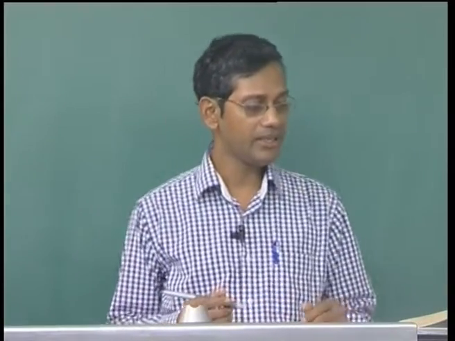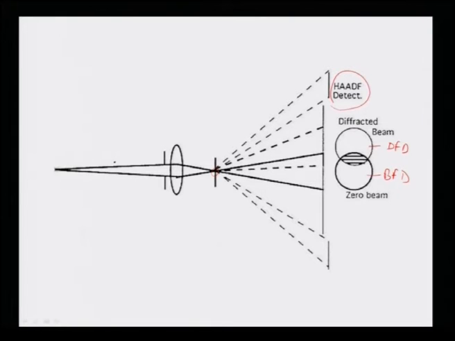The intensity of the image formed by these detectors is proportional to Z to the power 3/2, where Z is the atomic number of the element present in the specimen. Therefore, if we collect the information from the detector and display it, it will tell us the chemical composition of the phases present in the specimen.